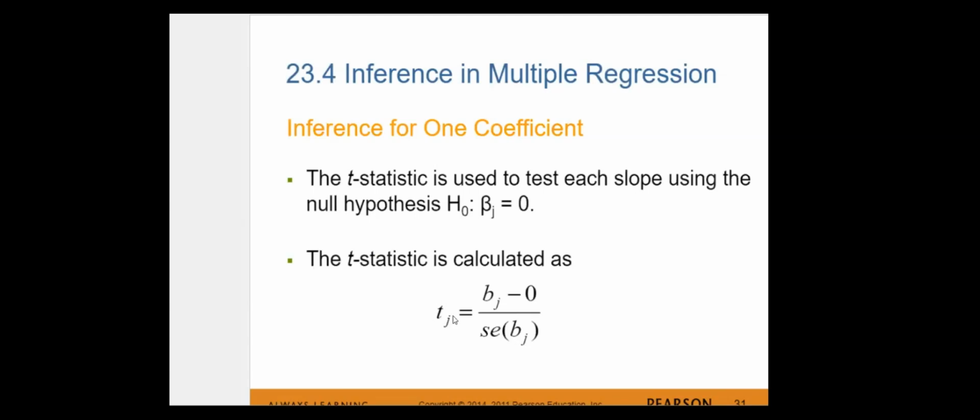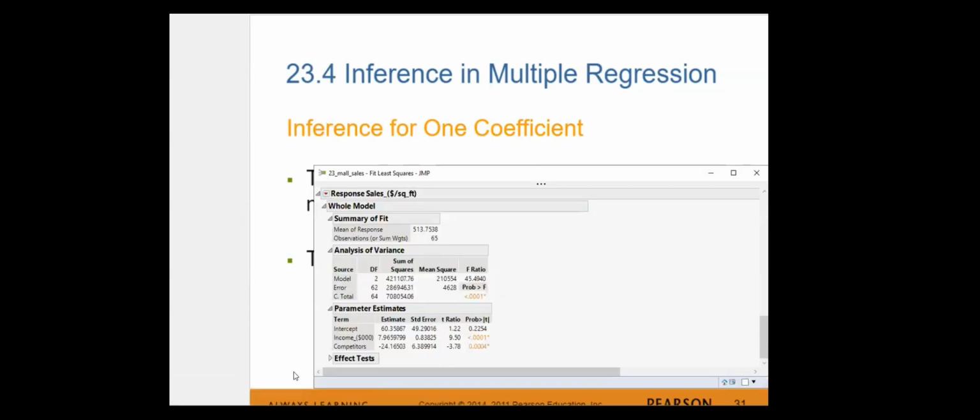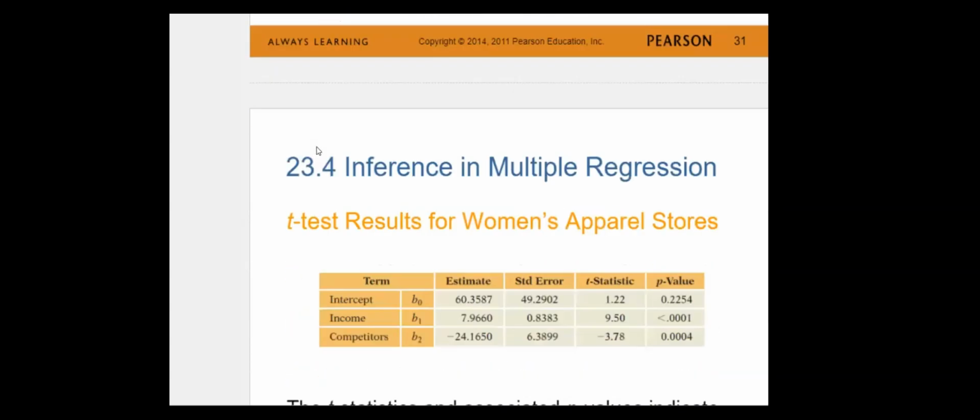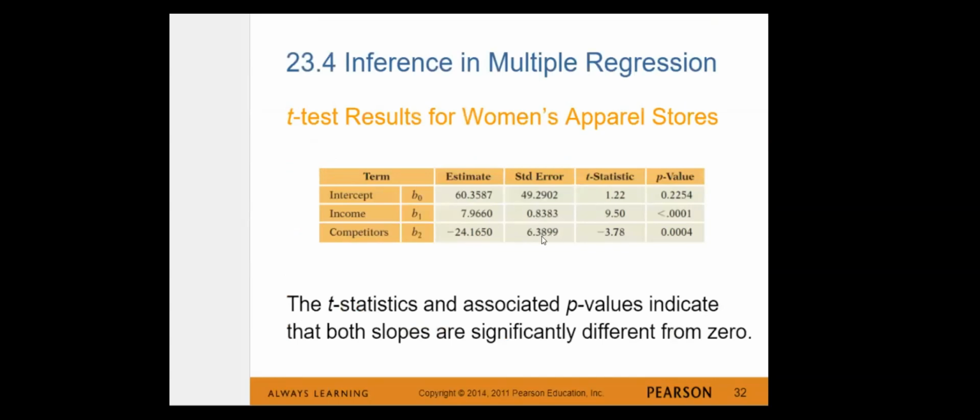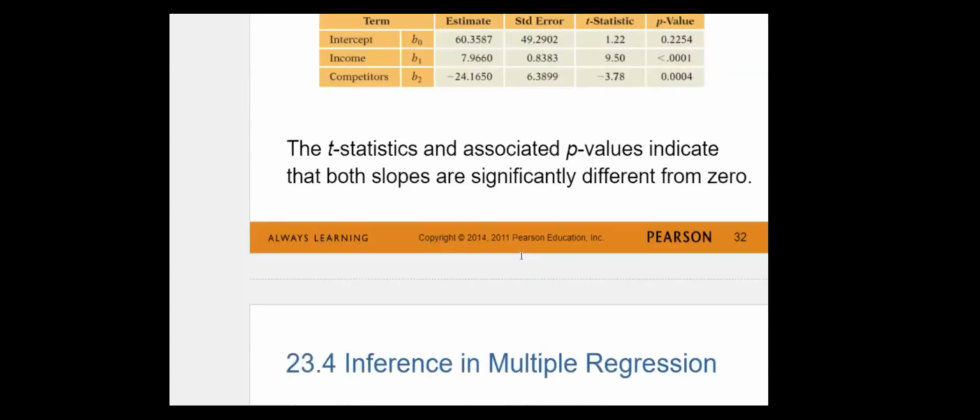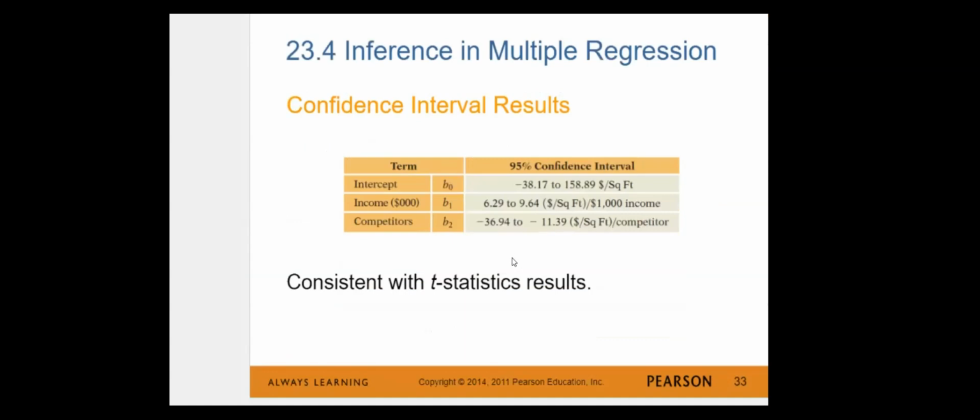T1 is for income, T2 is for competitors. So it is the slope divided by the standard error of the slope. Where is that? Slope divided by the standard error of the slope, B1, 0.8, B2, 6.3, right there. These are the same numbers that we just saw, but checking the p-value is enough.